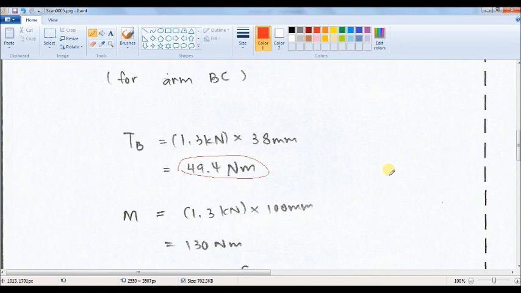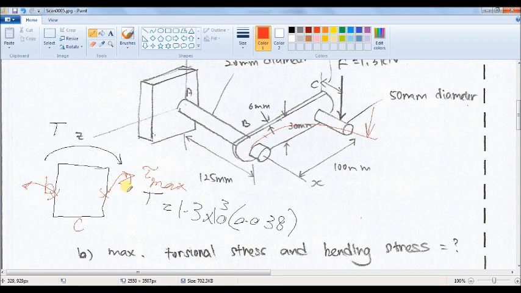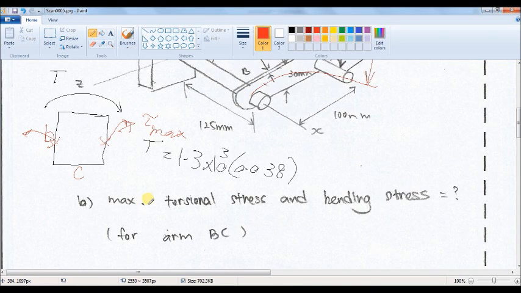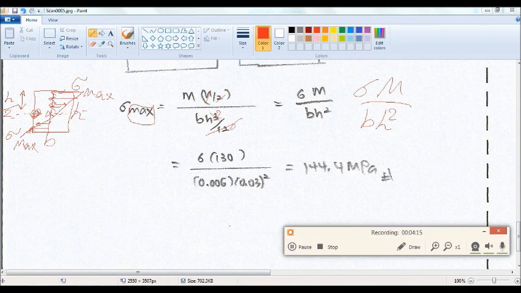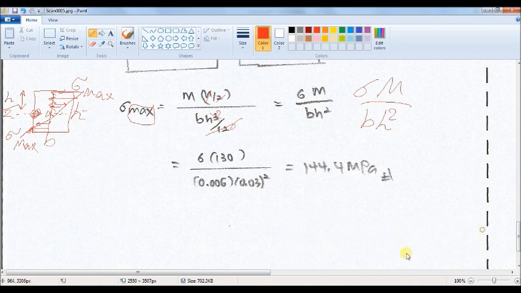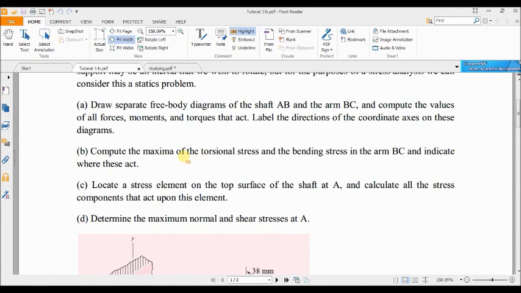So as you saw, the maximum torsion happens here, or is located at the middle of here, and maximum bending is here. There is another shear stress due to the bending. Actually, in the problem, you are not required to find that, because it asks you to find only the maximum torsional stress and bending stress.